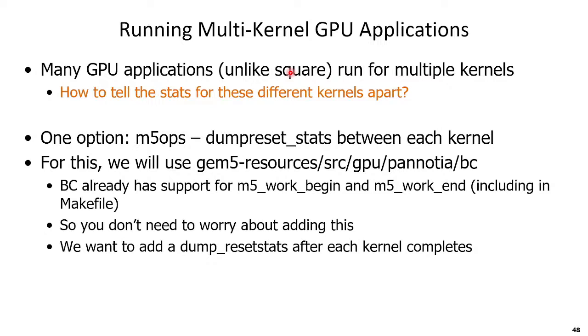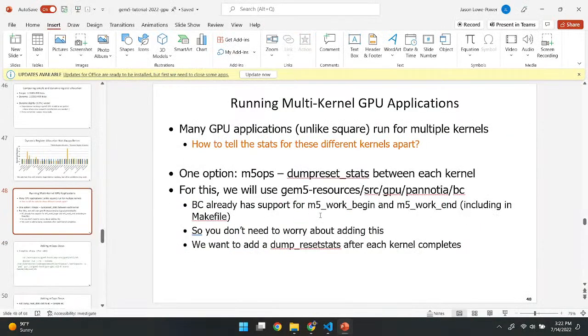So what we're going to do now is take one of the publicly available GPU applications from Pannotia, which is BC. If you have already downloaded it or opened it, you might have seen that it already has M5 work begin. Typo on my slide, let me fix that quick.